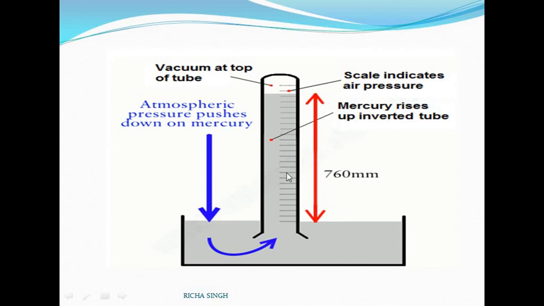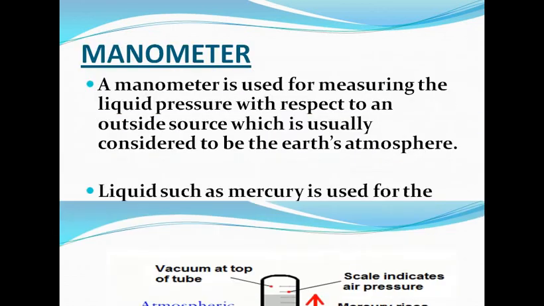The same concept is used for measuring your blood pressure. The common machine used in earlier days used mercury, and the level of mercury tells the blood pressure. The greater the atmospheric pressure, the more it pulls down on the mercury, and then the level can be calculated.